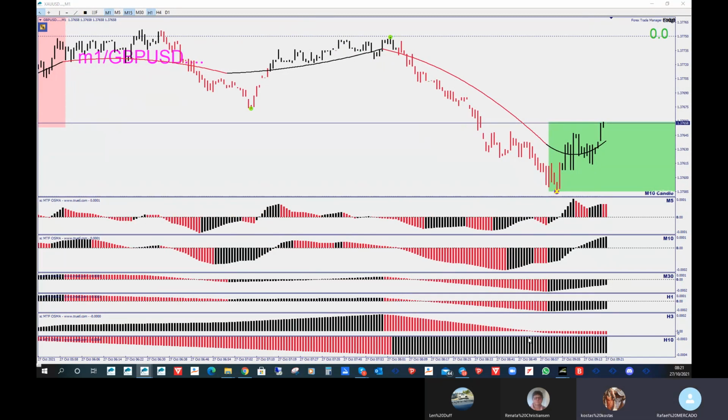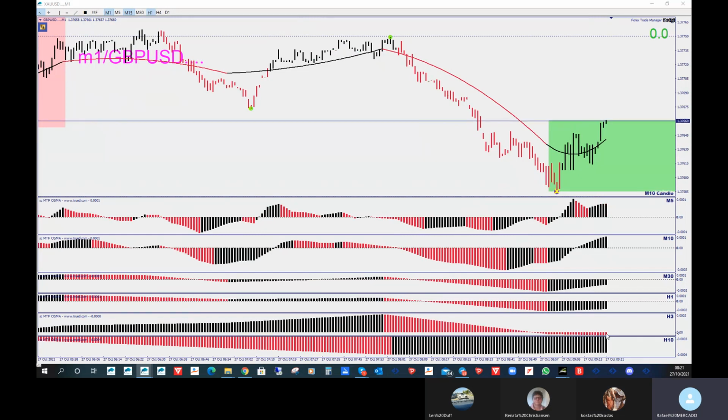We're maybe establishing the low of the day when the H3 changes color. Already we have the low of the session, but nothing meets at this point.